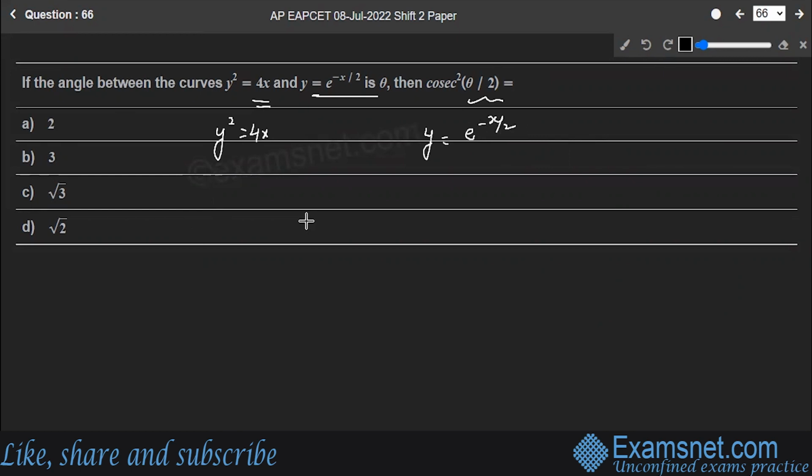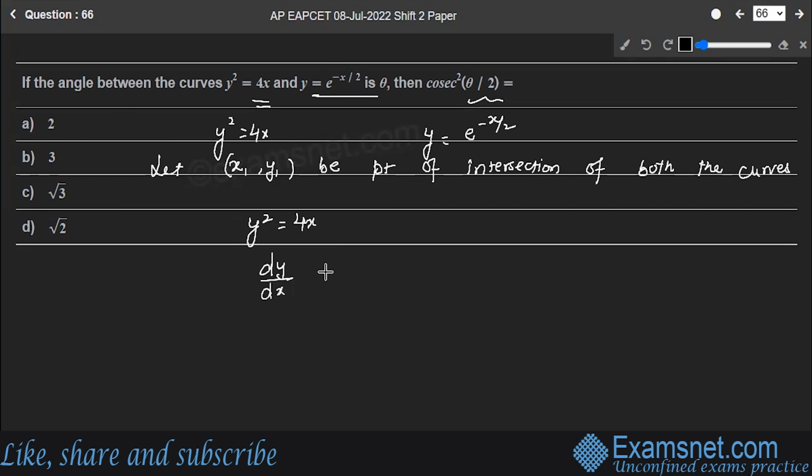Let (x1, y1) be the point of intersection of both the curves. Now you have y square is equal to 4x. Let's find the derivative.